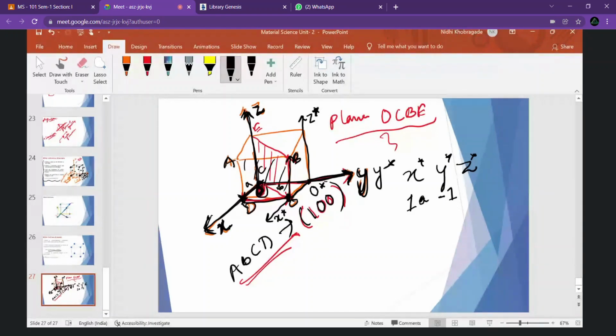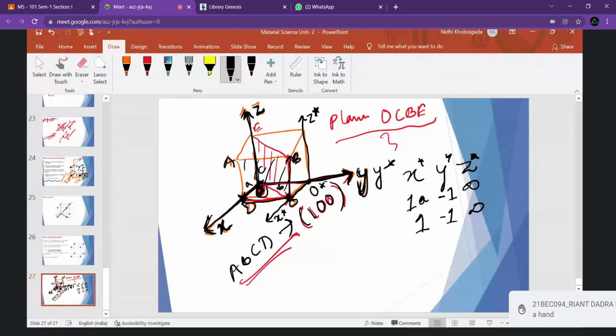Then the third is Z star. It is moving parallel to this Z star. If two planes are parallel, they will meet at infinity, so the value for Z will be infinity. So the intercepts are 1, -1 and infinity.